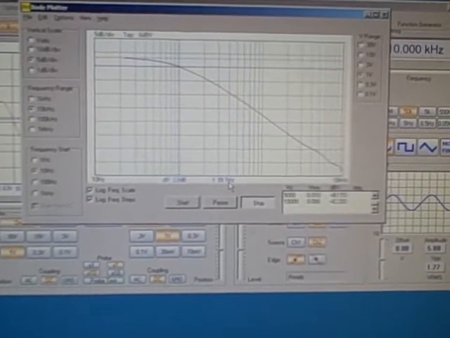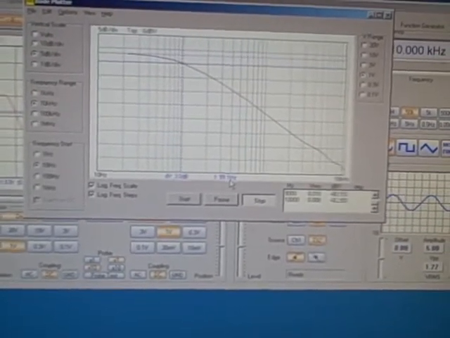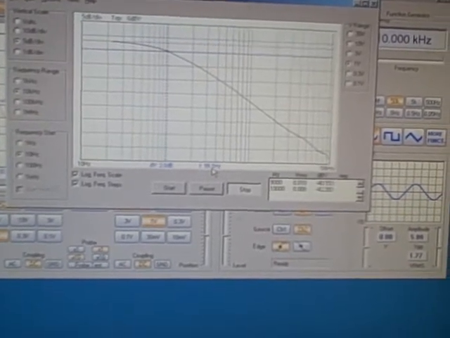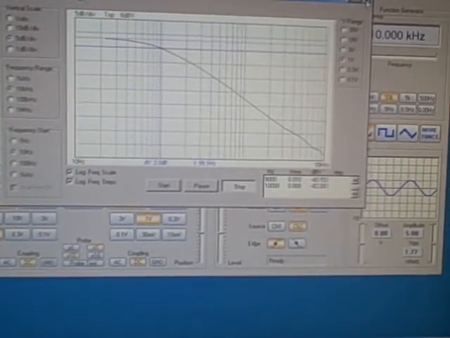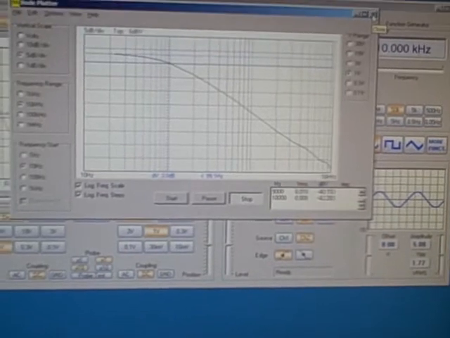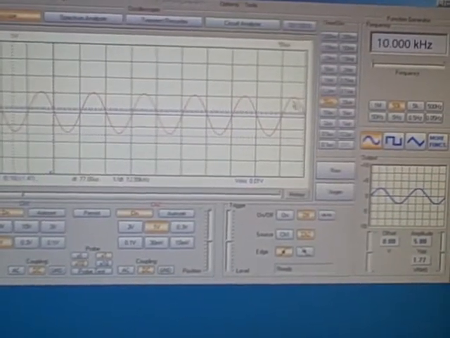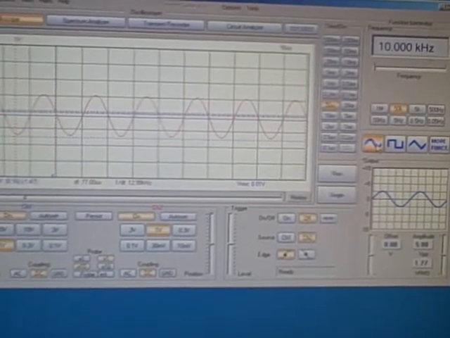And if we look, that's 99.1 Hertz, which is very, very close to our 100 Hertz level. So we can see that with this oscilloscope, we can measure various things about this circuit pretty accurately.